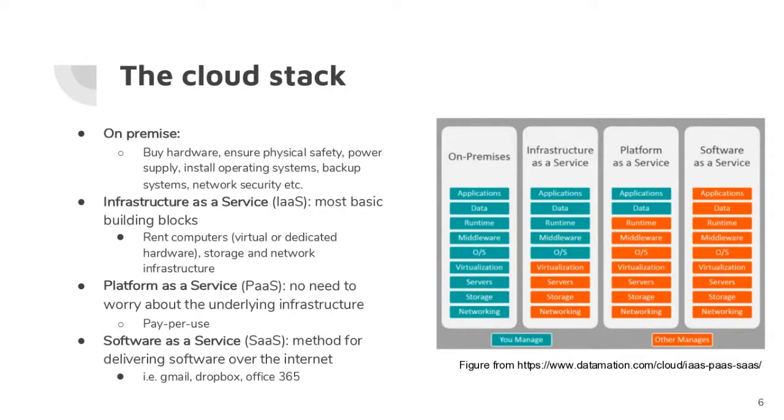You're also responsible for making sure all your hardware has enough power, that there's some physical safety. You install the operating system, you create backups, you configure the network equipment so it's secure. So that's the first option.